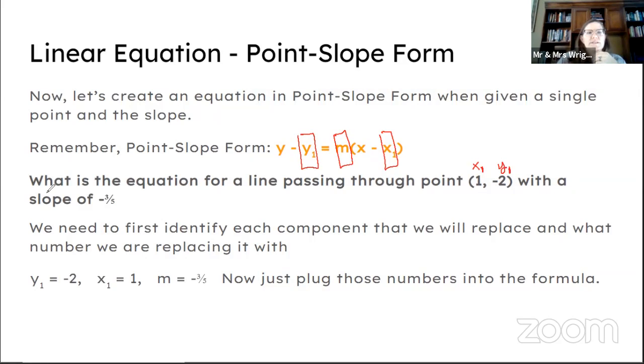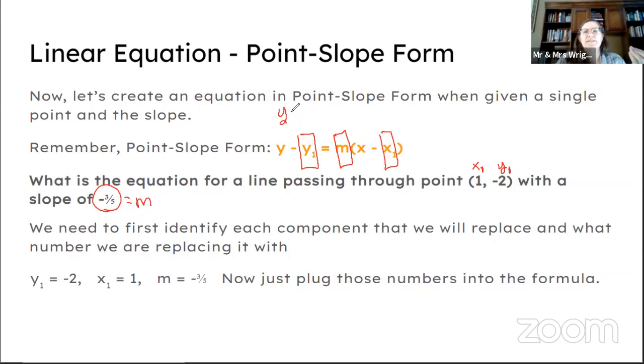Well, our example problem here, what is the equation for a line passing through the point (1, -2) with a slope of -3/5? Well, we know that slope right there is what plugs in for m. So we have all three numbers and we just need to plug it in.